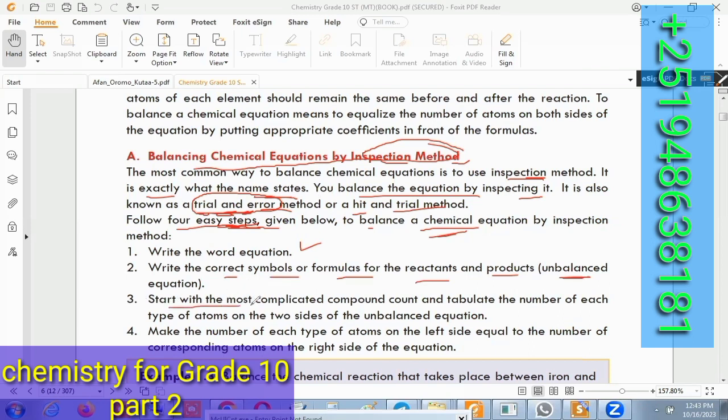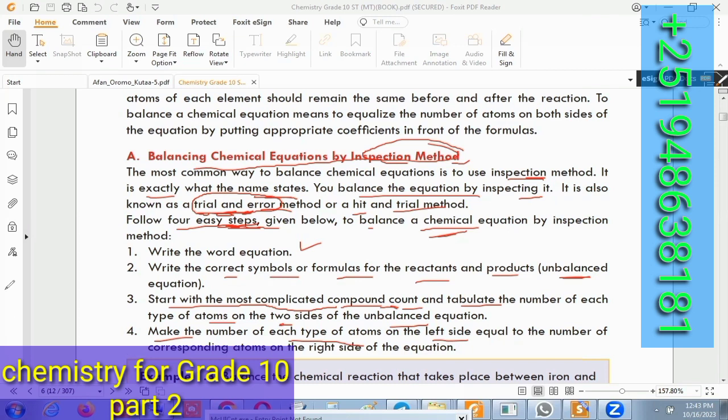Start with the most complicated compound, count and tabulate the number of each type of atom on the two sides of the unbalanced equation. Finally, make the number of each type of atom on the left side equal to the number of the corresponding atom on the right side.